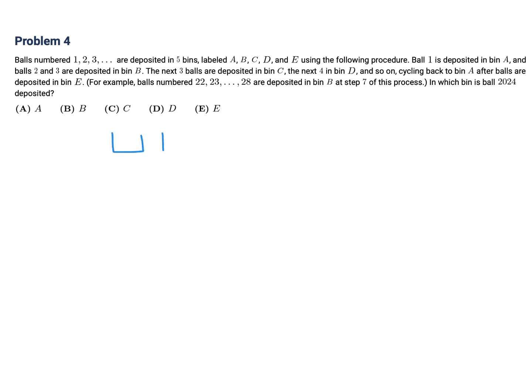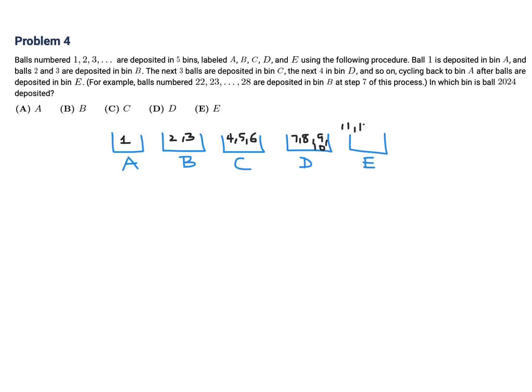So let's understand this question. First, let's put the 5 bins, labeled A, B, C, D, E, and go through the process. We put ball number 1 there, 2 and 3 here, 4, 5, and 6 here, 7, 8, 9, and 10 in this bin, and then 11, 12, 13, 14, 15 in that bin, and so on.